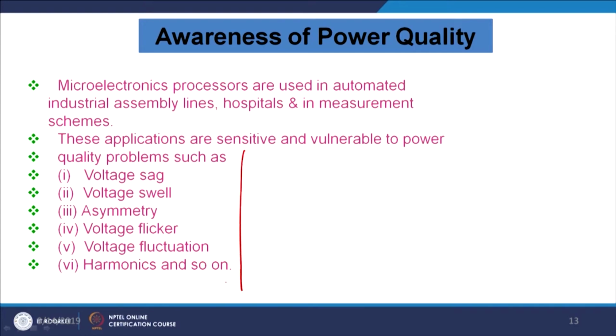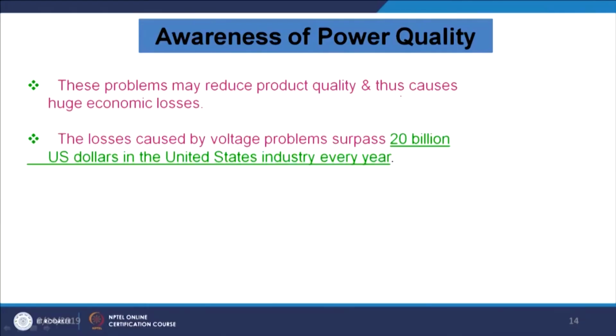That is, power quality has the following problems mainly: voltage sag, voltage swell, asymmetry, voltage flicker, voltage fluctuations, harmonics and so on. These problems may reduce product quality and cause huge economic loss, even though the basic purpose gets defeated.